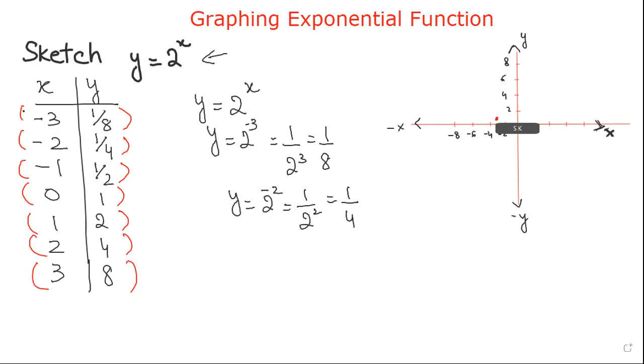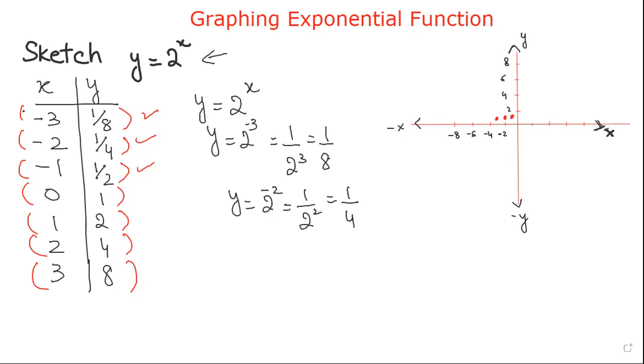Now for the second value, it's -2 and 1/4, so it will be a little bit up at -2 here. The third value is -1 and 1 by 2, so it would be here, a little bit up. The fourth one is 0 and 1.